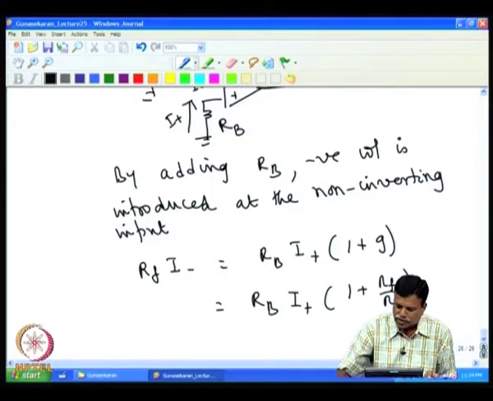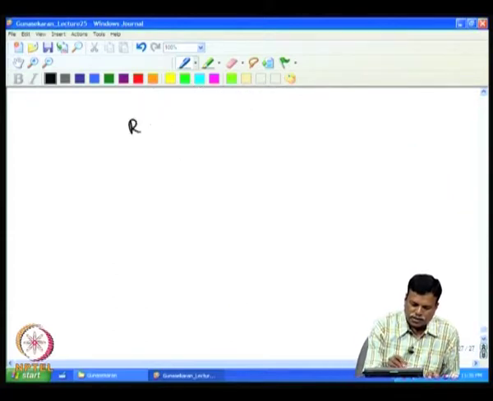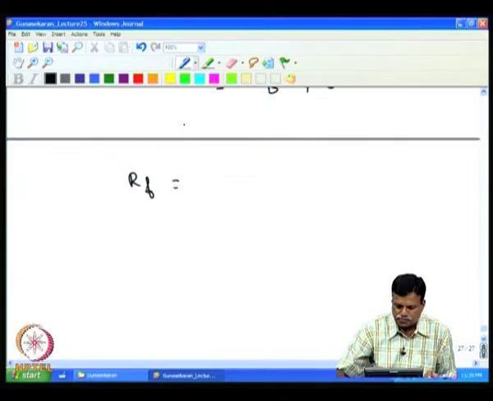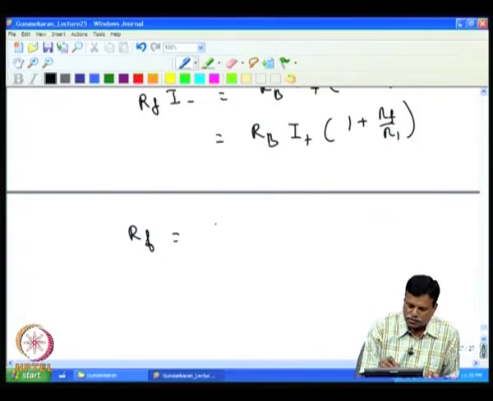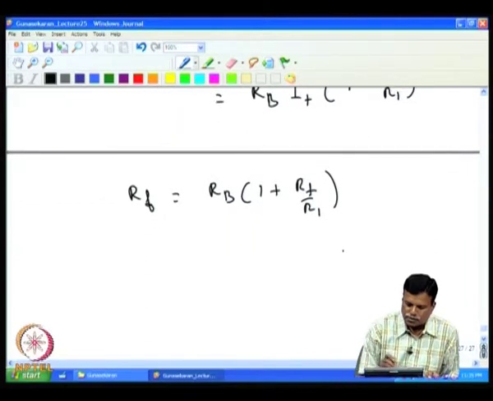And if I equate I plus and I minus, then you will get RF equal to RB into 1 plus RF by R1.